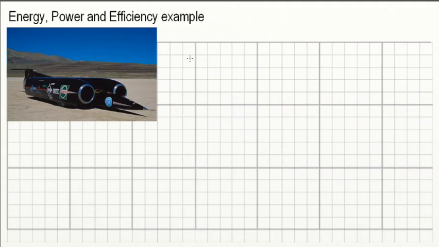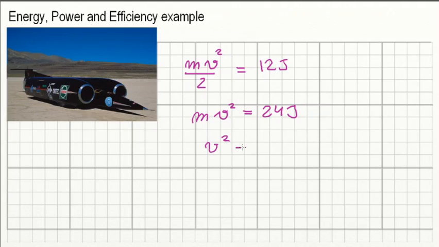If you want to calculate the velocity, you could, right? Because if you make mv squared over 2, which is your kinetic energy, equal to 12 joules, then we will have that mv squared will be 24 joules, and then v squared will be 24 over m, and I'll just omit the units and assume that our speed here is in meters per second, mass is in kilograms. So v would be the square root of 24 over m.